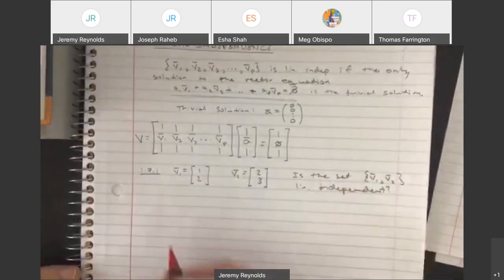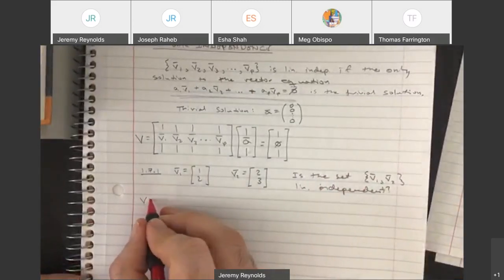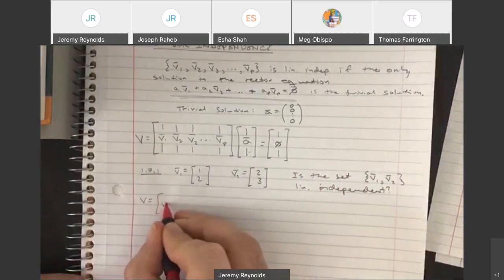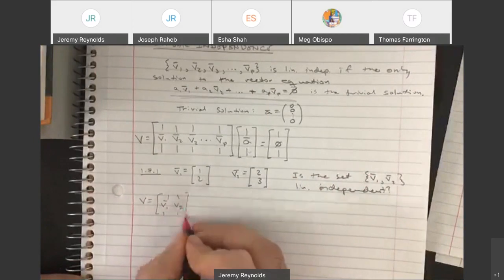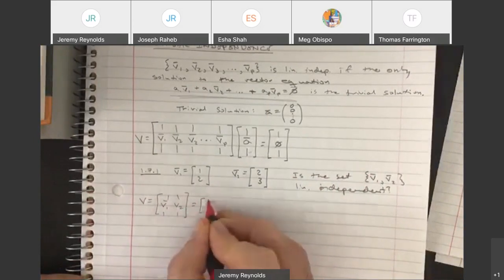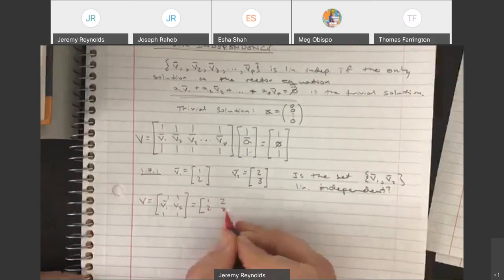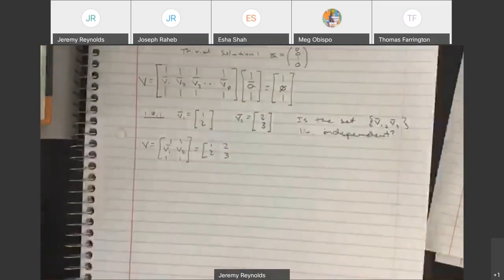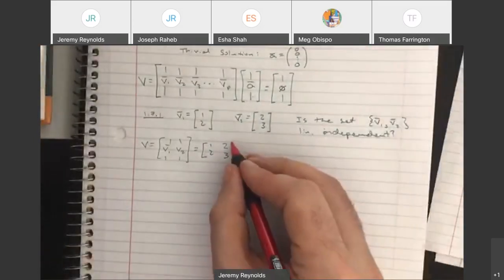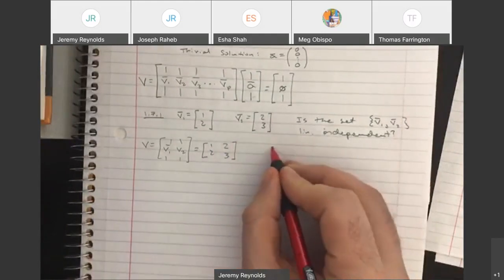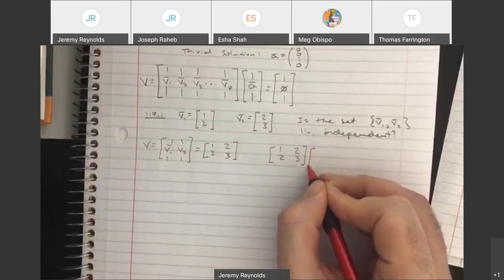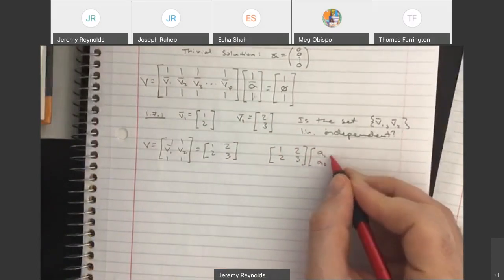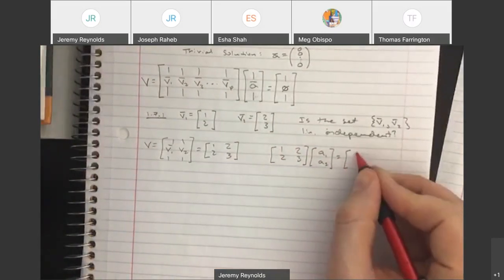So that's our problem. Let's create our matrix. V equals V1, V2. That's going to equal 1, 2, 2, 3. So our problem becomes 1, 2, 2, 3 times a1, a2 equals the 0 vector.